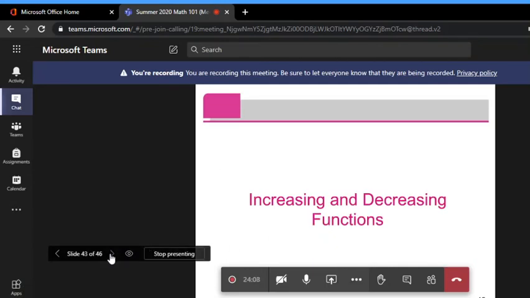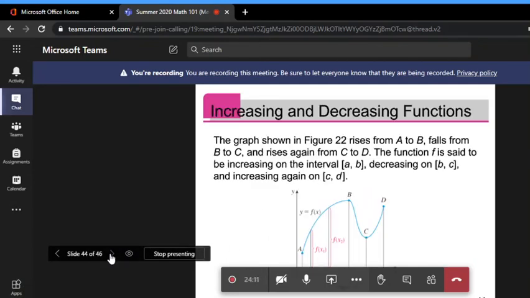Next, functions could be increasing or decreasing. So what does it mean? Look at this graph. Increasing means that if you go to the right along the x-axis, and y is also increasing, going up, then this is an increasing function. If you look at the arc of the graph between A and B, whenever I move to the right, y is going up.